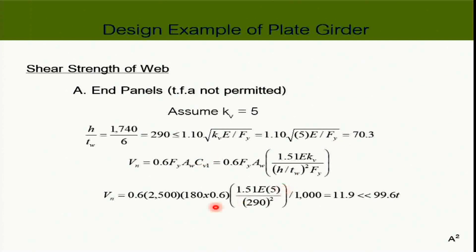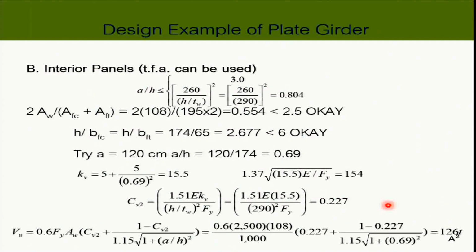So that means if I don't do anything, if I don't create the end panel, that web can only carry shear up to 12 tons, which is far less than the value of the reaction, which is almost 100 tons. So we need to design the end panel. And I have to assume this by back calculating it.